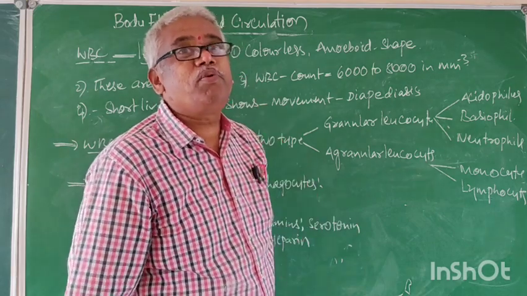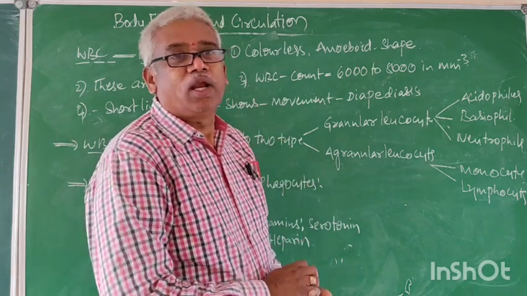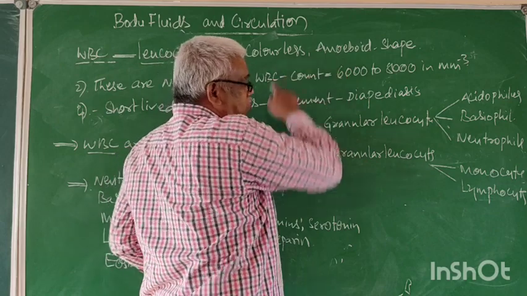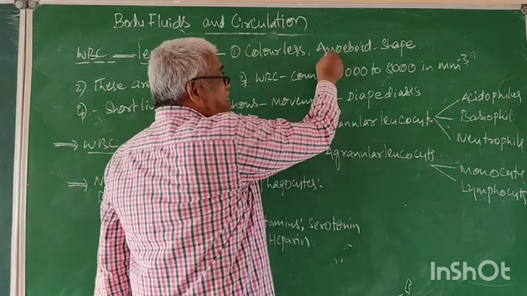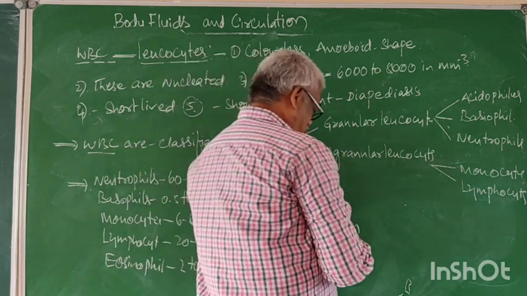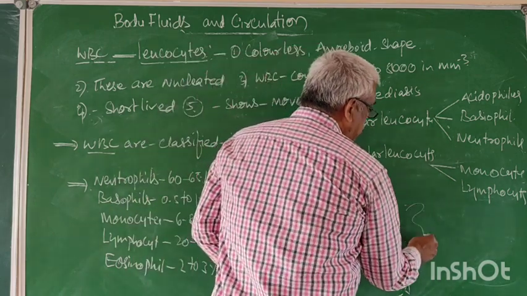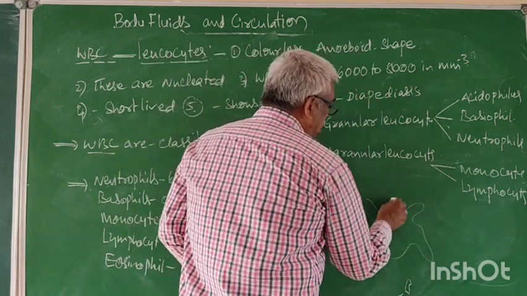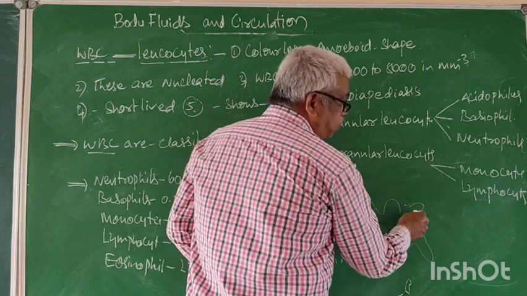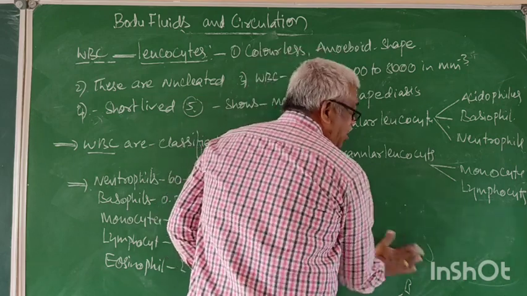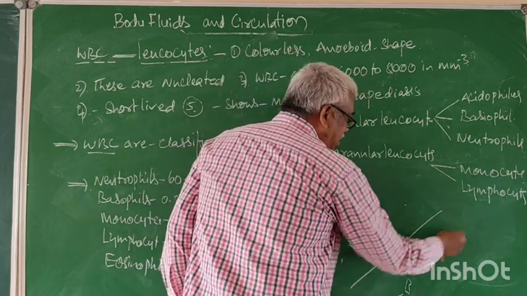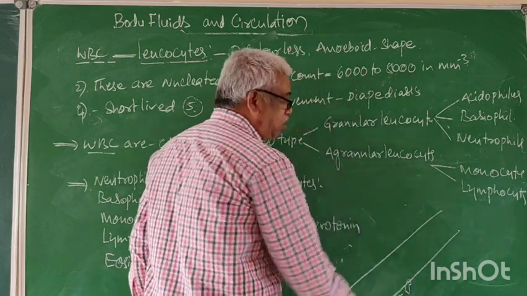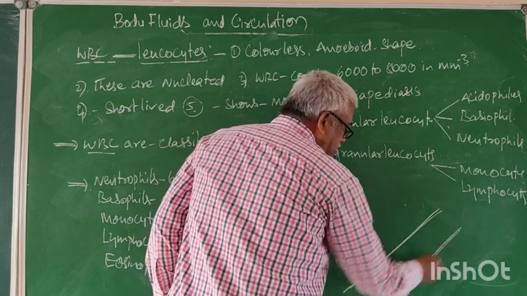What is the shape of amoeba? Shapeless. But amoeba is having pseudopodia. This is the pseudopodia, which helps in locomotion. See, it is the blood vessel. Very important. This is the blood vessel.